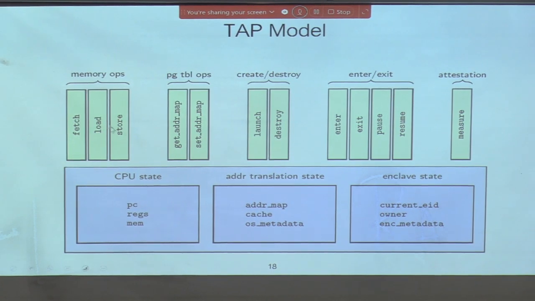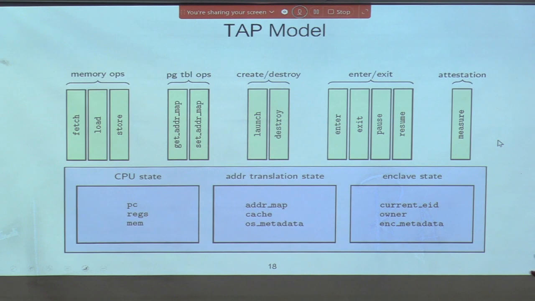So we model the memory operations, we model page table operations relating to address translation, and then all of these operations are relating to the enclaves. There is an operation that corresponds to creating an enclave and then tearing it down. Then there are operations for entering an enclave, exiting an enclave, temporarily pausing an enclave and then resuming it, and then finally computing a cryptographic hash.